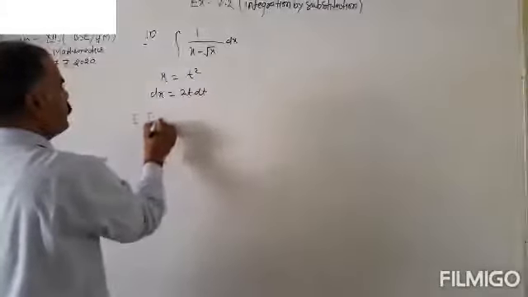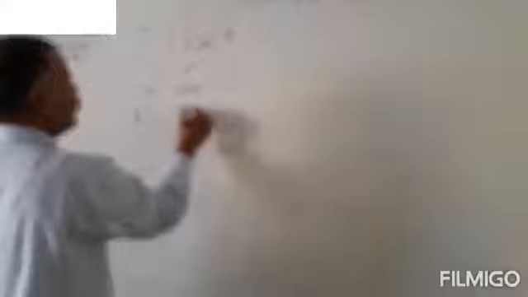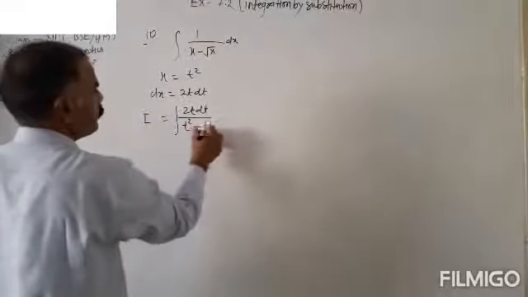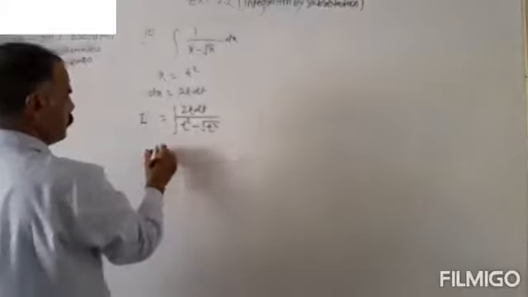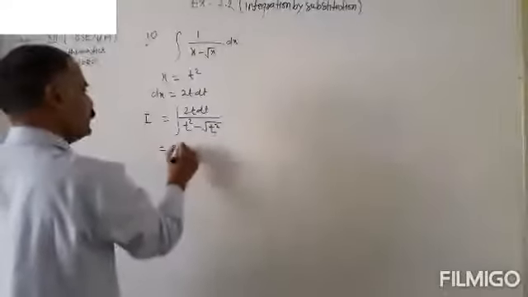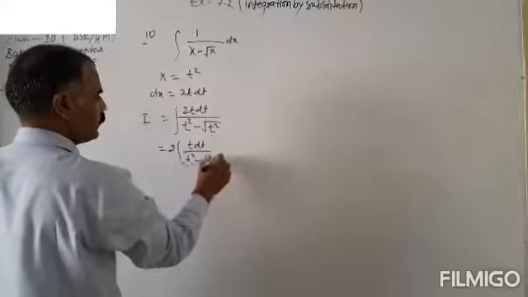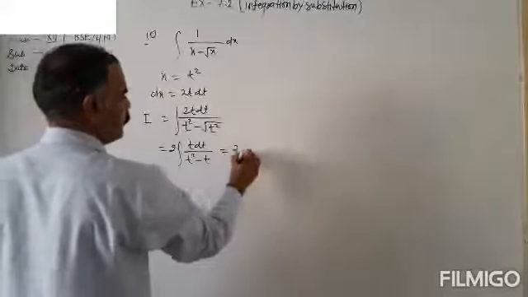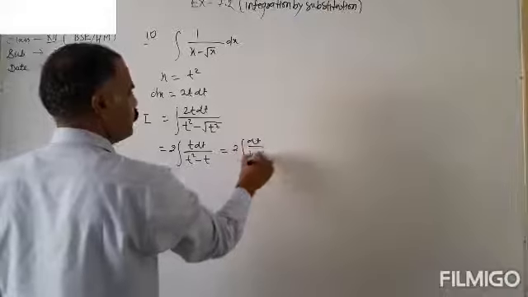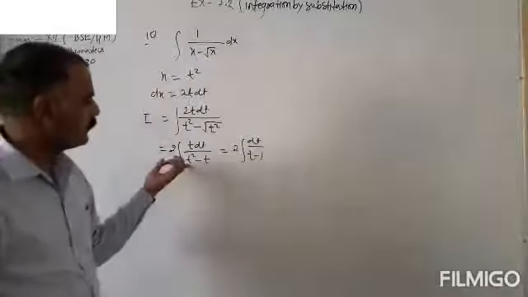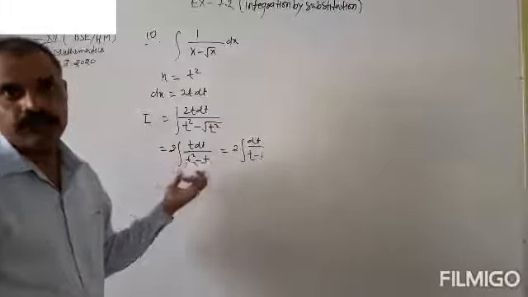So the integration is equal to 2t dt divided by x, which is t square minus under root t square. So this is equal to 2 integration t dt upon t square minus t, that is equal to 2 integration dt upon t minus 1, as t cancels after taking t common in the denominator.